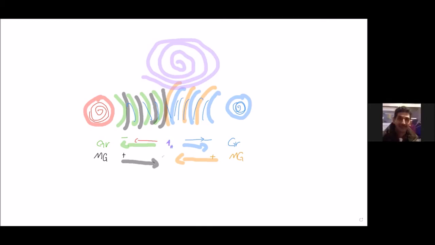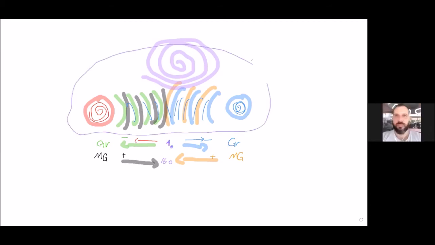Both of them are giving, adding the maximum to the environment, and the maximum is 16. And this is the oxygen. We are speaking about this environment, which is the solar system.